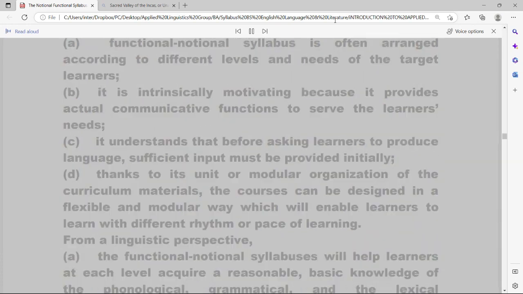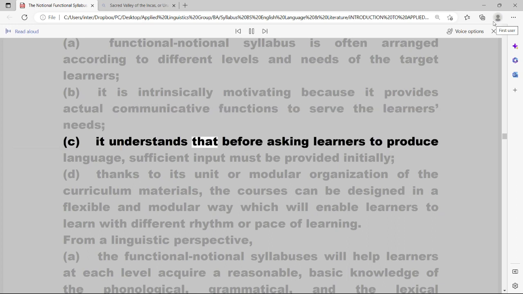Consequently, a functional notional syllabus is often arranged according to different levels and needs of the target learners. B. It is intrinsically motivating because it provides actual communicative functions to serve the learner's needs.